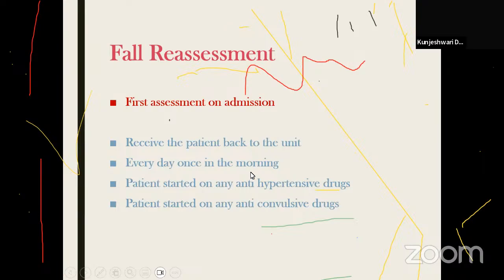Reassessment doesn't end; you only do the follow-up. So when receiving the patient, do it every day once in the morning. Don't have any doubt. Pain you will assess in 3 shifts, but fall you don't need to assess in 3 shifts. Once in the morning is good enough. But of course, if he's put on any antihypertensive or anticonvulsive drugs, you have to assess after 1 hour or 2 hours of monitoring the patient. Then you have to do a fall risk assessment.